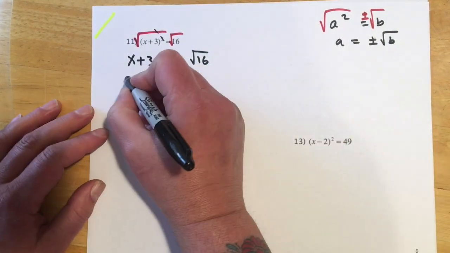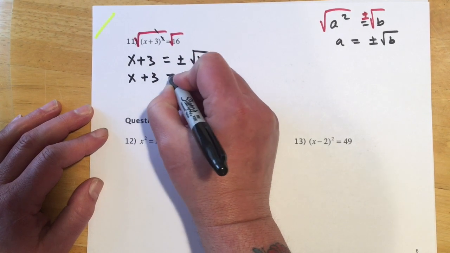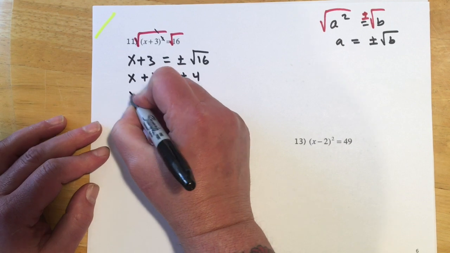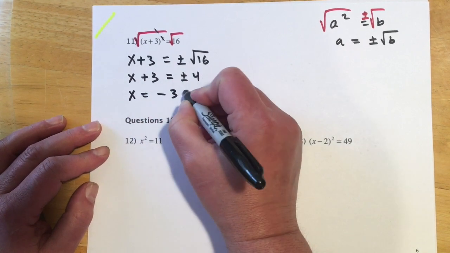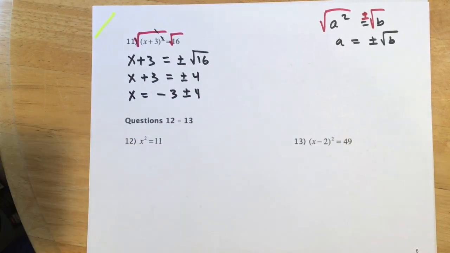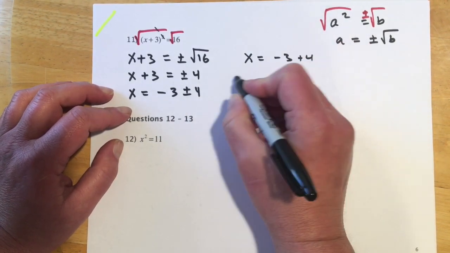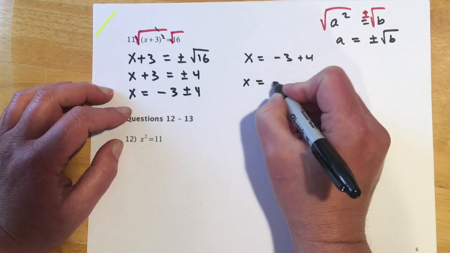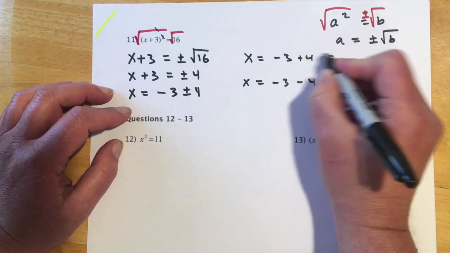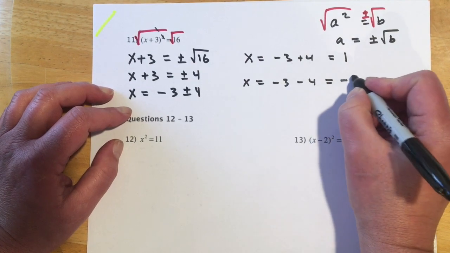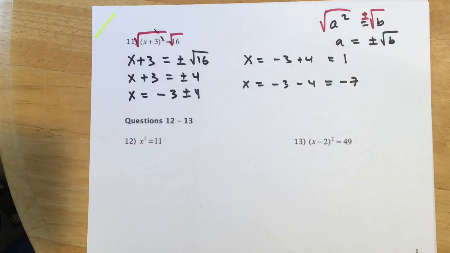So root 16 is really 4, so x plus 3 equals plus or minus 4, bringing the 3 over, x equals negative 3 plus or minus 4. So that's really two totally separate numbers. It's x equals negative 3 plus 4, or it's x equals negative 3 minus 4. So negative 3 plus 4 would be 1, and negative 3 minus 4 would be negative 7.